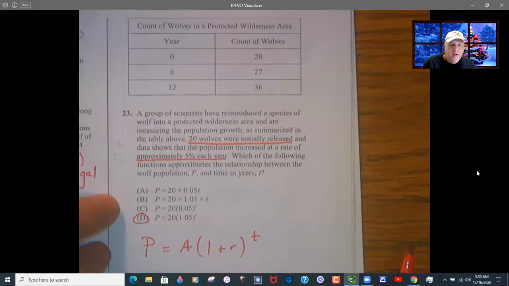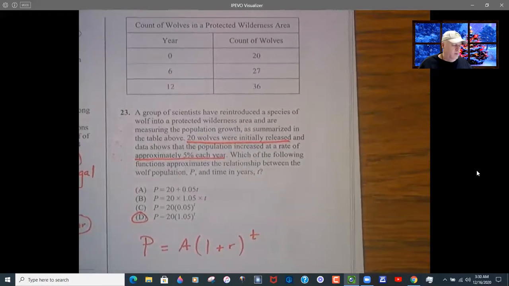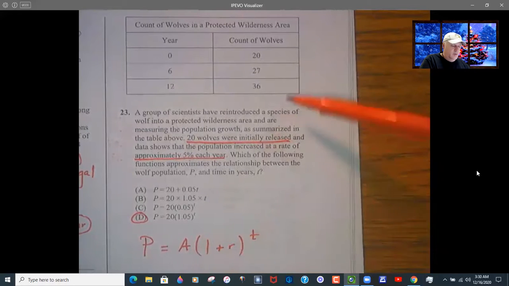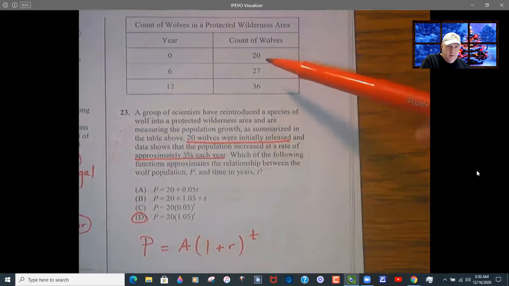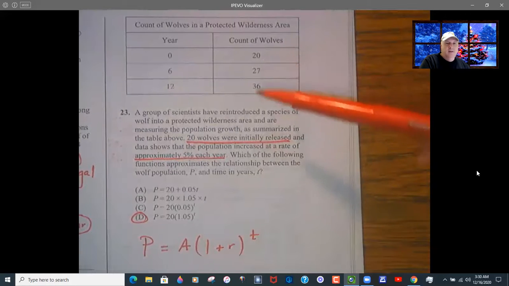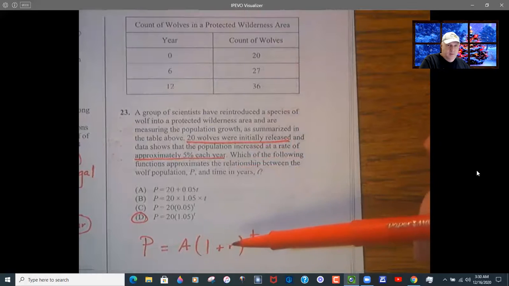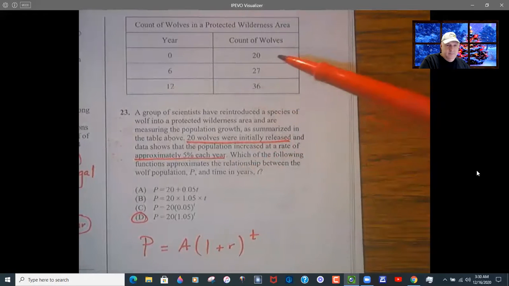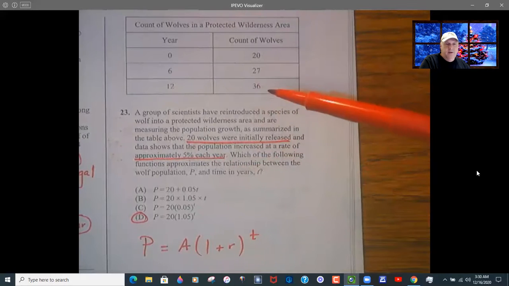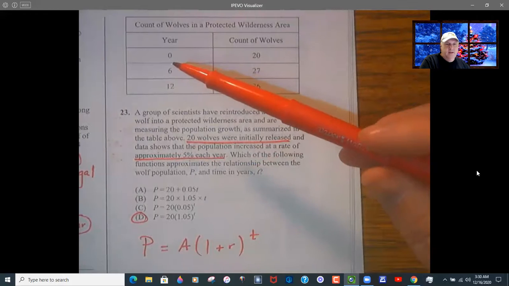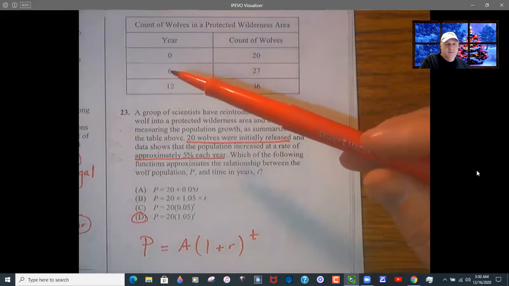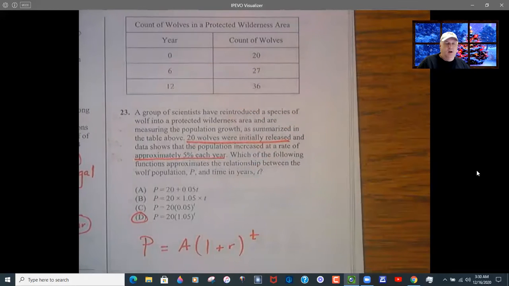So this is growth, exponential growth. So here's your formula. A is the initial amount present at time 0. That's 20. And then we have a 5% increase each year. So this would not quite give this table, because notice that it's by 6 instead of 1.